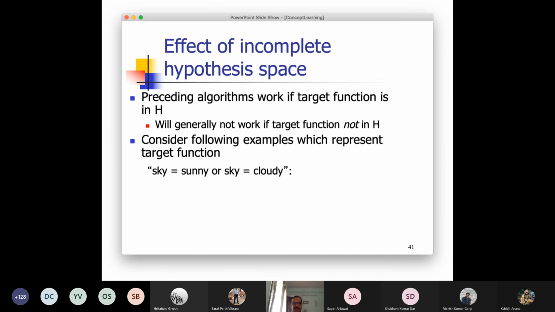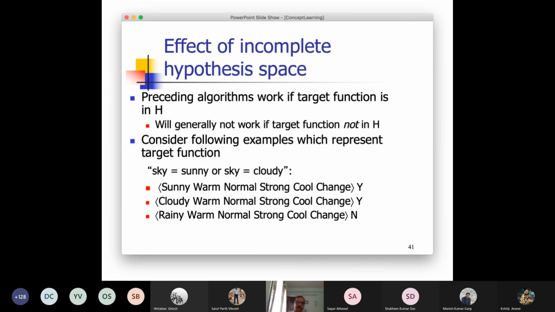Suppose you have a target concept like sky equals sunny or sky equals cloudy. Now, you understand that this is difficult. I mean, this is not representable by the hypothesis. So this is your target concept, and with respect to it, suppose you get these labels, which are consistent with the target concept.